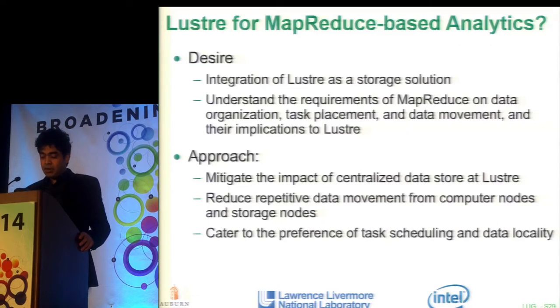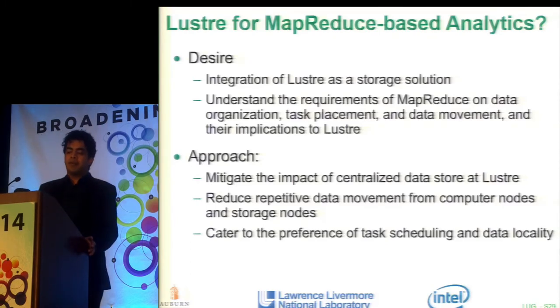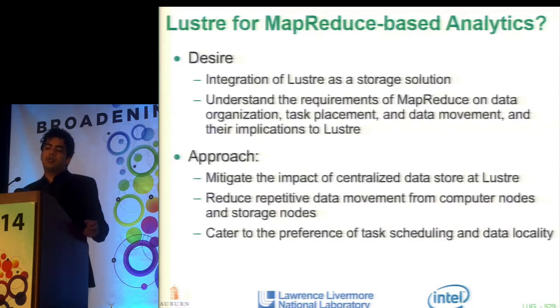So in order to resolve that, we try to ship the analysis out from the compute nodes to the actual OSS storage nodes by providing information on where the stripe data is located to the scheduling framework.